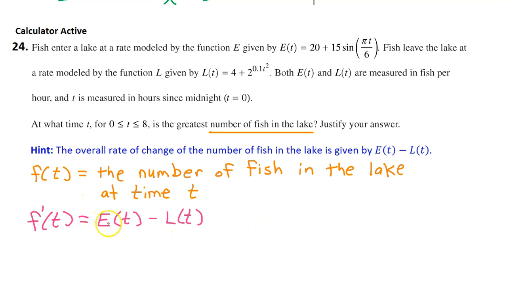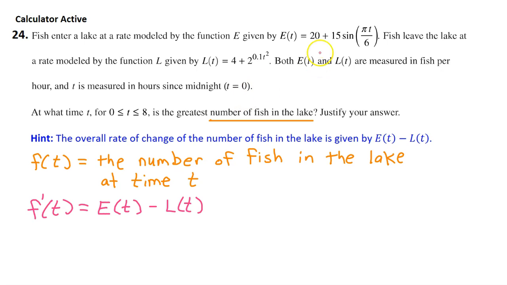Since fish enter the lake at a rate given by E of t, and fish leave the lake at a rate given by L of t, the overall rate of change of the number of fish in the lake is given by E of t minus L of t, the rate in minus the rate out. By the way, when they define a function for you in the setup of the problem, in your work, you don't have to recopy this whole expression. You can just name the function like this.